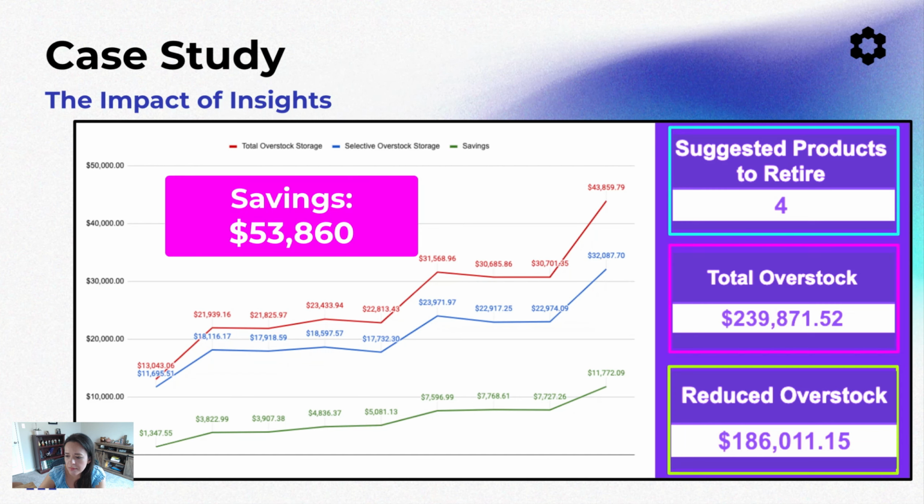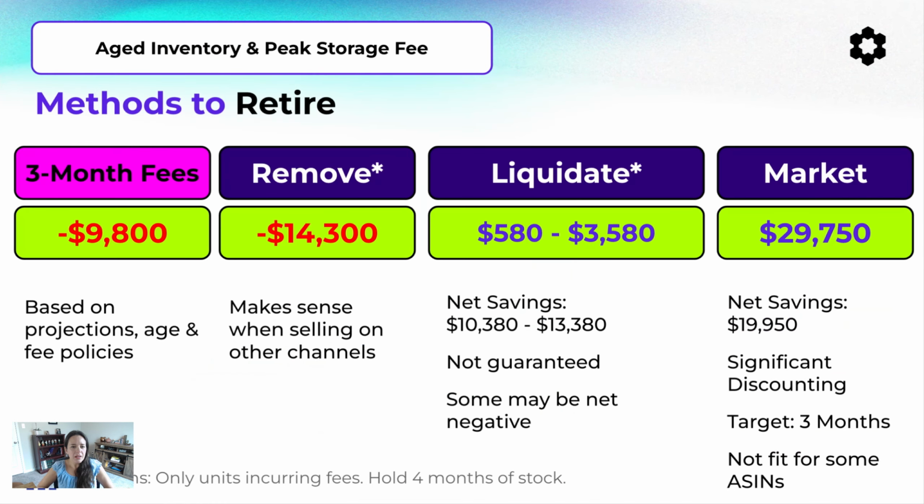Exactly. Totally. So one of the things that I like to look at is what are the different methods that we have to fix one of these situations where we've got aged inventory, maybe we've got peak storage fees. Peak storage fees are when it comes to the fourth quarter, when Amazon is getting ready for Black Friday, for Cyber Monday, and for the holidays, they start charging you a lot more in storage fees.